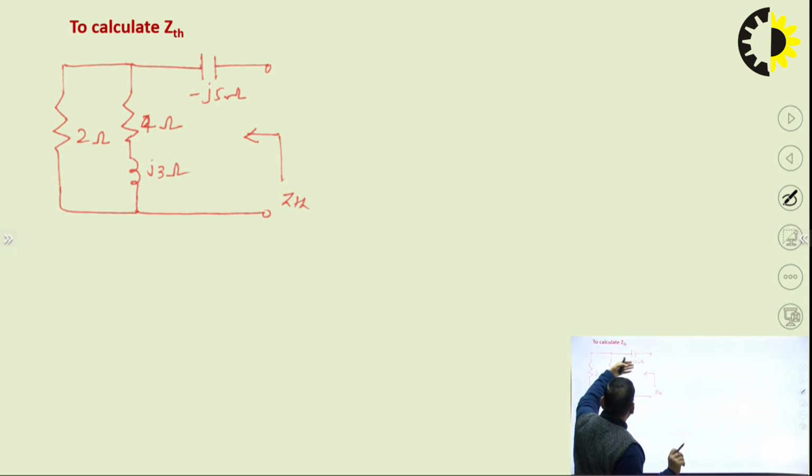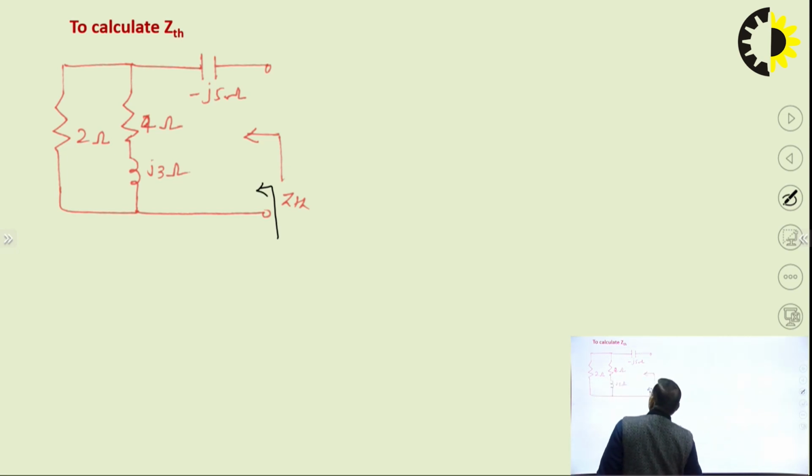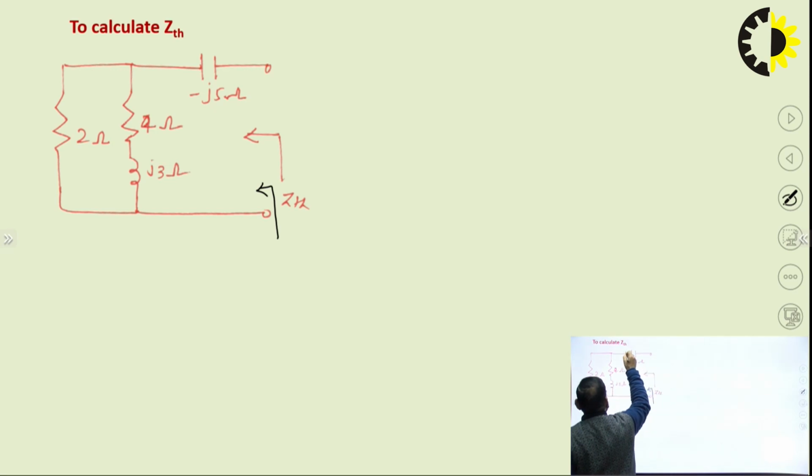So, this is the equivalent network, and we have to see from this load terminal. If we see from the load terminals, suppose this is one, this is another, this 2 ohm and this, they are in parallel.